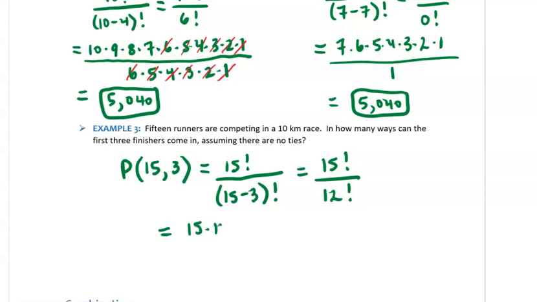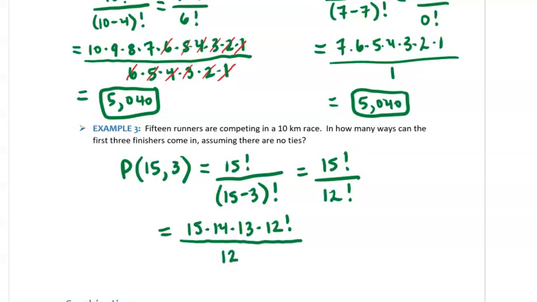But I am going to show a shorthand way to do this. Instead of continuing on here like I normally would, I am going to write 12 factorial. So that implies that I would keep going: 12 times 11 times 10 all the way down to 1. But it's just a shorthand way to write this so that I don't have to write that entire product out.